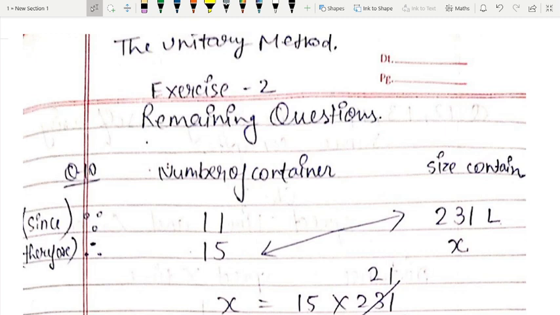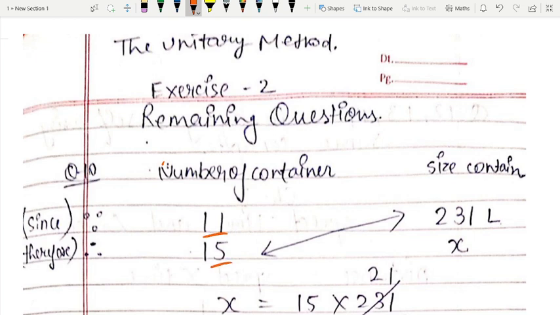If 11 containers of the same size contain 231 liters. So there are two things given, the same unit: containers, the number of containers. The number of containers here is 11 and 15, as you can see.